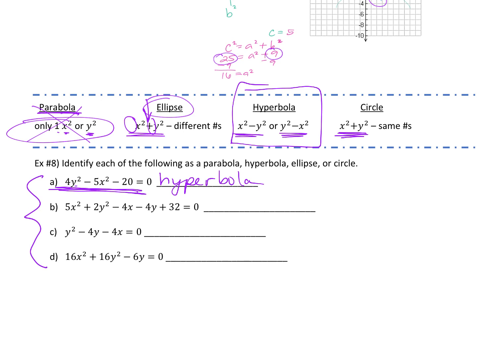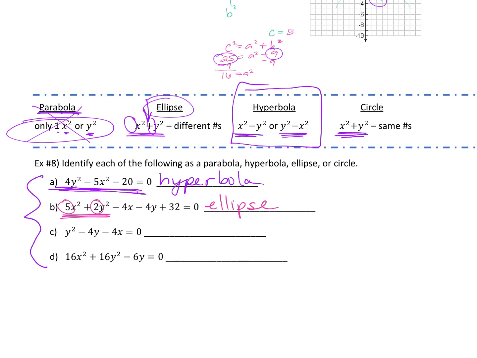Okay, look at letter B. You have x squared and y squared, so parabola's out. You are adding, so hyperbola's out, but you have different numbers, a 5 and a 2. So what is that? That's an ellipse. Okay, letter C, what is that?